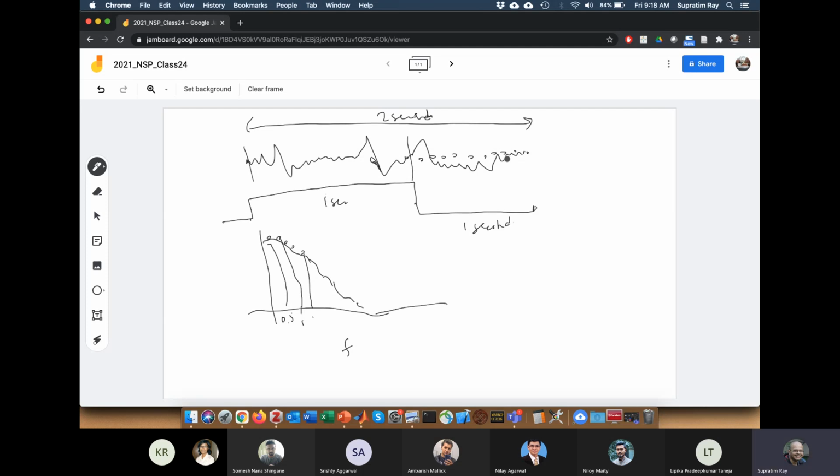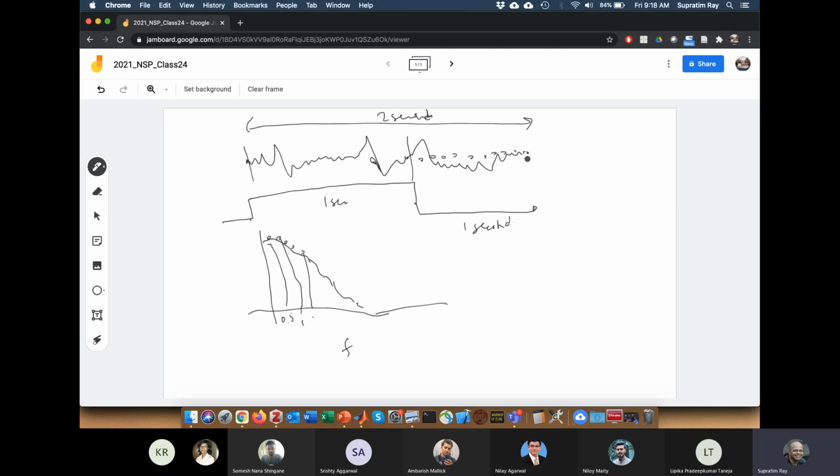The spectrum is not the one that you would have got if you were able to look at the signal for 2 seconds. That is the true spectrum, which has 0.5 hertz resolution. That is the true spectrum, assuming you had the luxury of looking at the signal for 2 seconds.